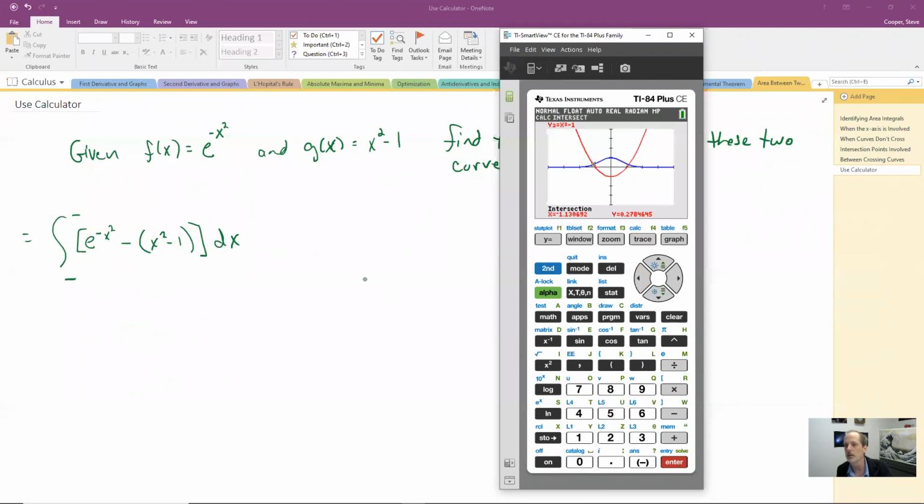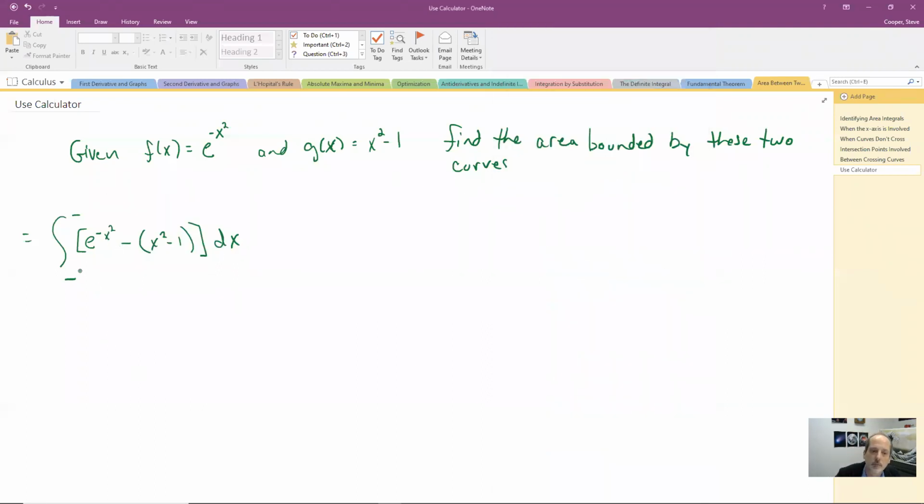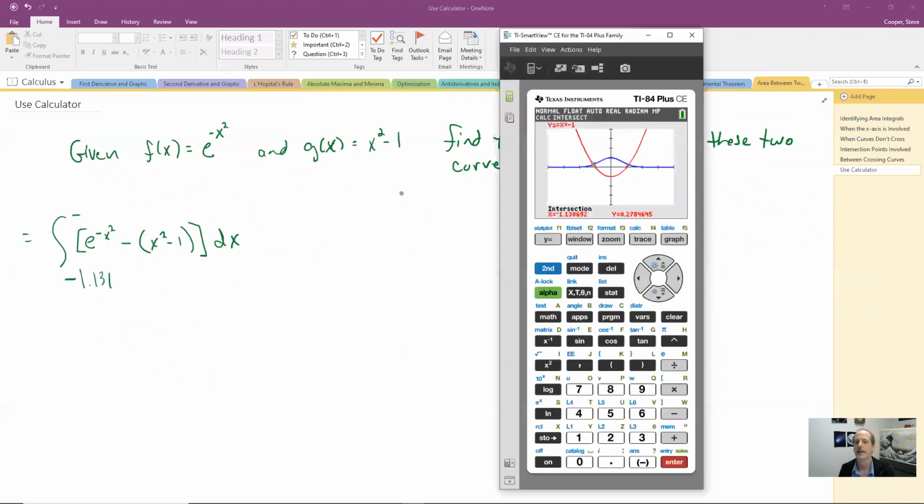And it looks very symmetrical, so I'm guessing the upper bound is going to be 1.131 on the positive side, but let's be 100% certain. And indeed it is, positive 1.131.